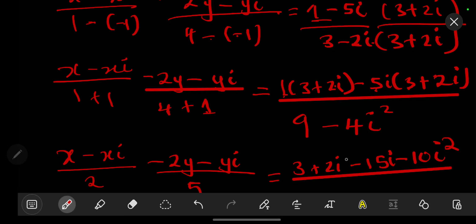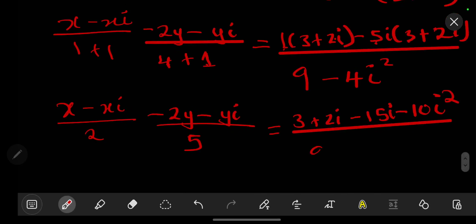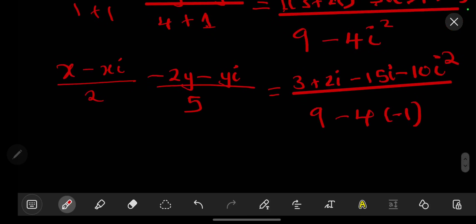What else do we have? Okay, so we have over 9 minus 4, I squared is equal to negative 1. So we can do that. So we can now begin even separating. So we have our x over 2. So the 2 divides everything. Then we have minus our xi over 2 like that. Minus, even the 2y will face a similar situation.